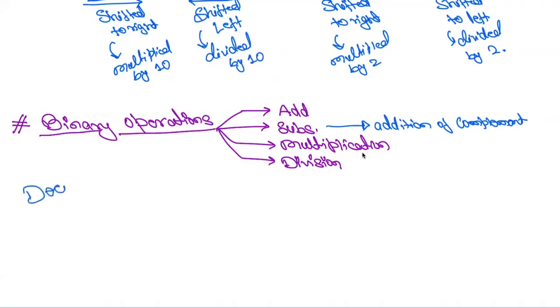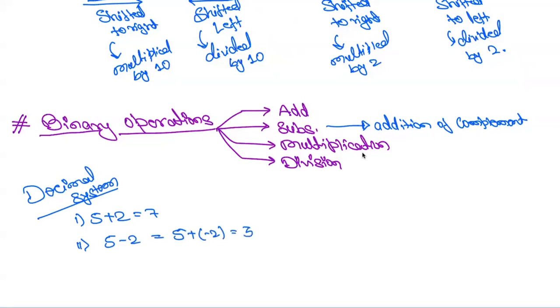When we talk about decimal system, example लेते हैं, right? Addition का example 5 plus 2 is 7, quite fine. Subtraction, let's say 5 minus 2 is basically 5 plus of minus 2. Yes or no? जल्दी बताओ.